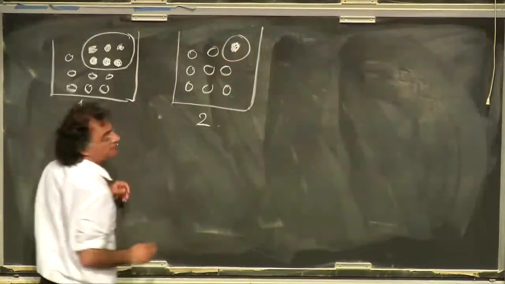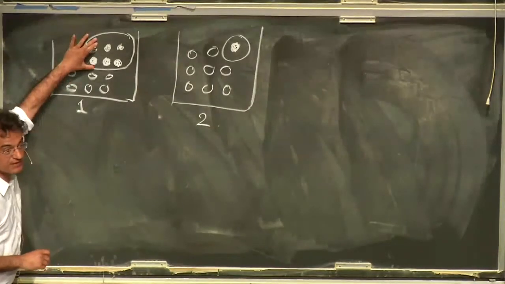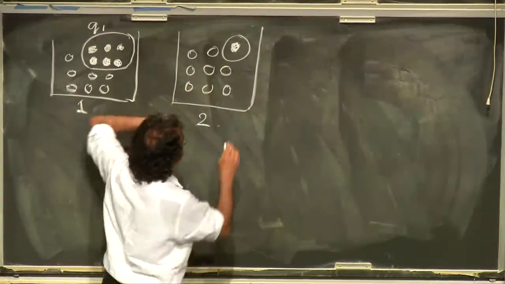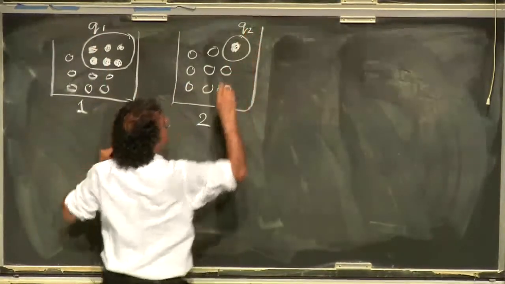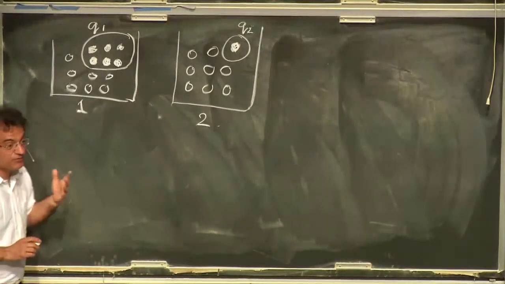Okay, so let's say that the fraction of white balls in this bin was Q1, and the fraction of white balls in this bin was Q2. Now the question we are asking is, we do an experiment.